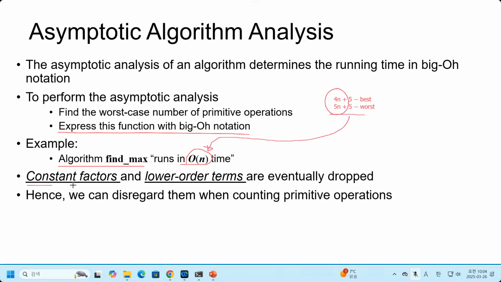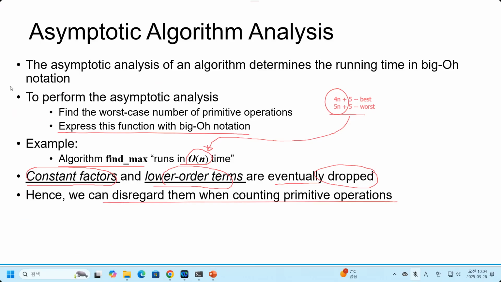As we learned before, constant factors and lower order terms are eventually dropped, so you can just believe that. We can disregard them when we count the primitive operations.